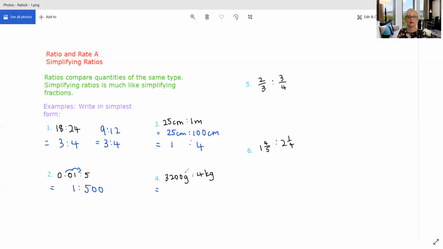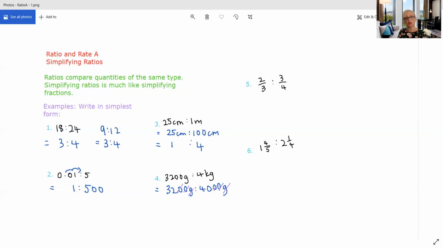Same thing here. We don't really want to change this into kilograms by doing 3.2 because then we're going to have to get rid of the fact that we've got decimals. So if we change both sides into grams, then we can in essence get rid of the grams and we can divide both sides by 100 before we even start thinking about anything else.